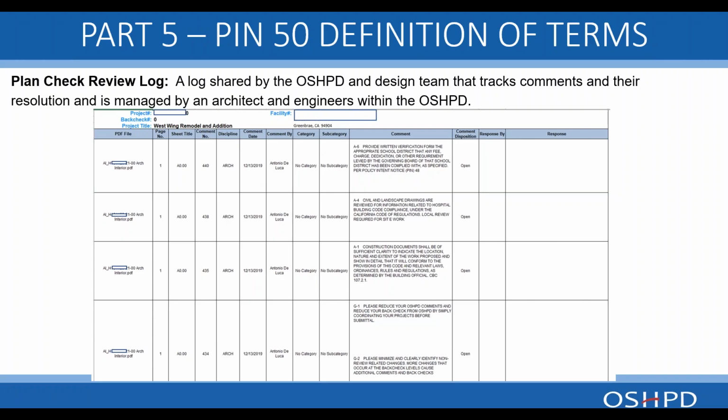You'll note that it gives the page number, the sheet title, the comment number, the discipline that made the comment, date, who made the comment, category, what the comment is, and then the comment disposition, whether it's open, closed, or resolved. Typically, the responses right over here will show the response by the designer, and if it's acceptable, then this will be closed.